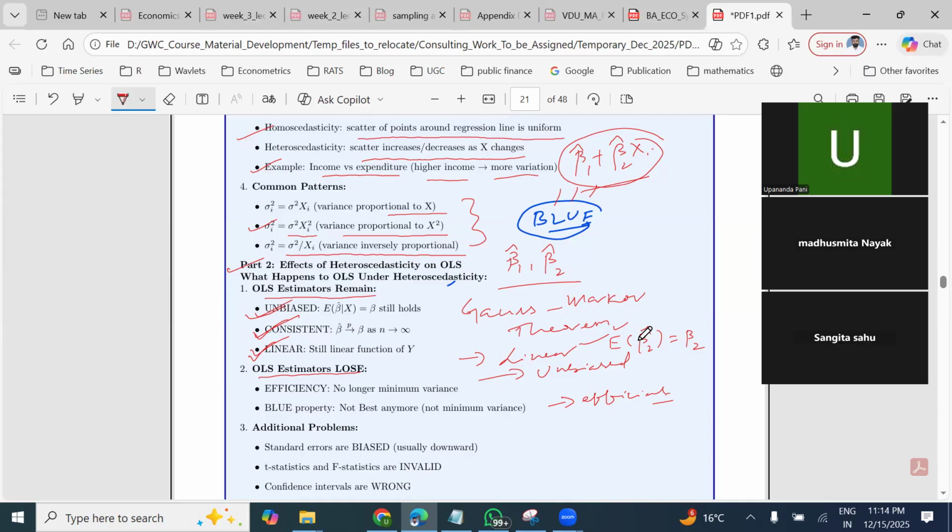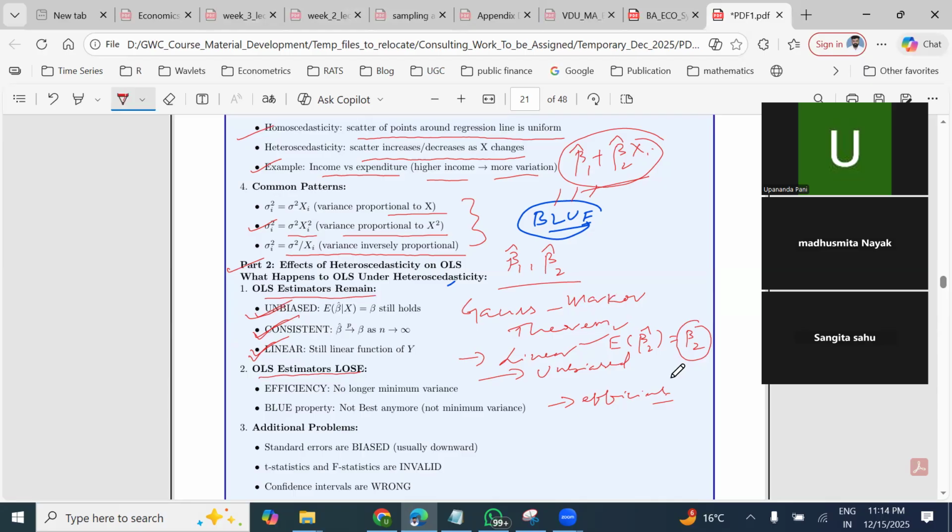If you take the average of these 30 beta 2 hat values which you got from these 30 regressions, that will be the true beta 2. Clear?